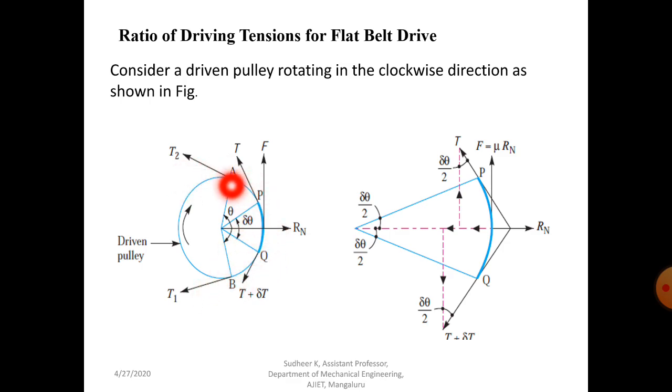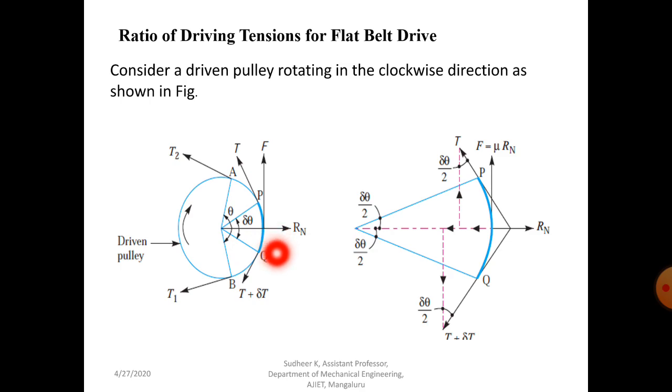So that is from A to B, at an angle theta. Theta is the small angle, whatever the angle subtended from A to B. Now I'll consider one small portion of the belt for derivation purpose.